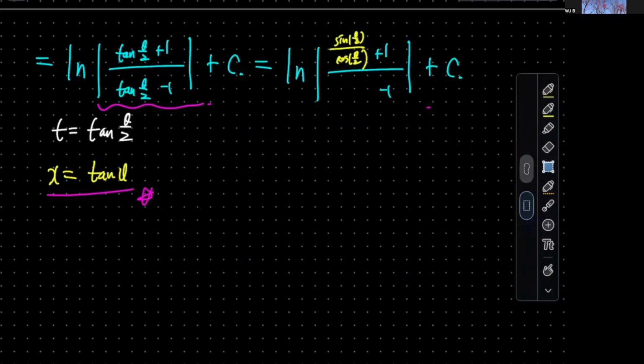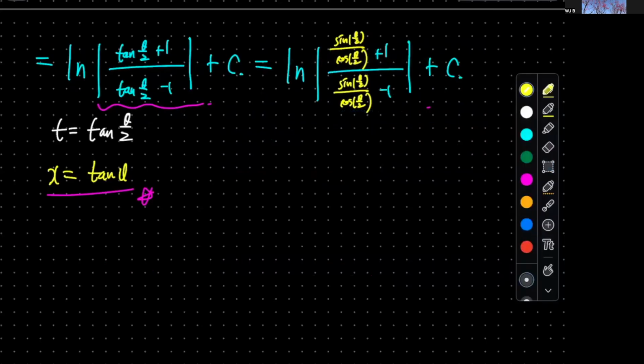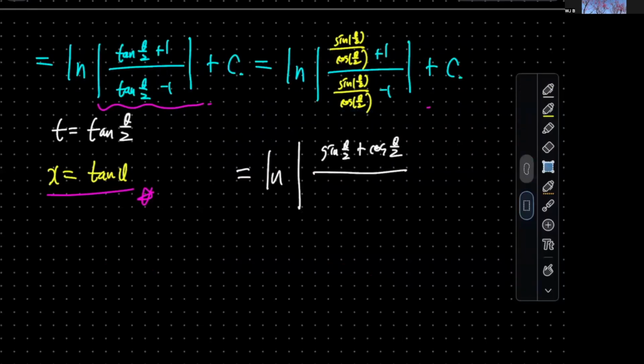But I don't like working with the rational form, so what you want to do here is multiply top and bottom by cosine theta over 2. I then have sine theta over 2 plus cosine theta over 2, over the difference.